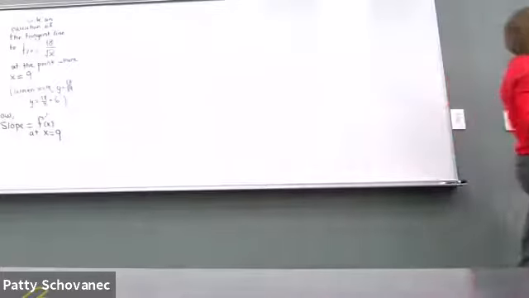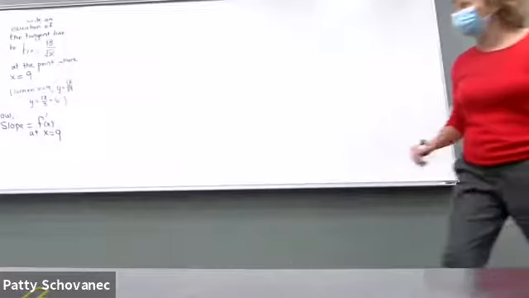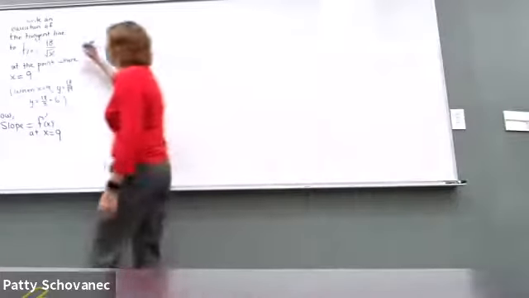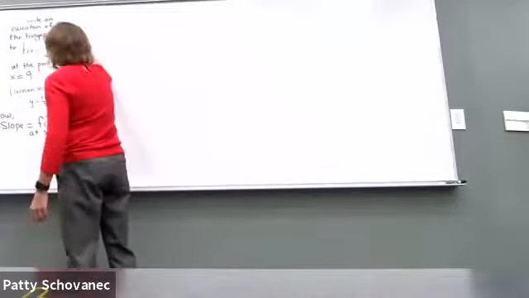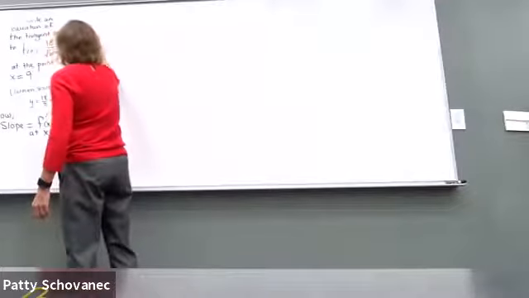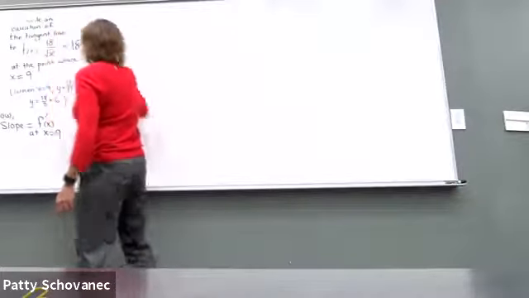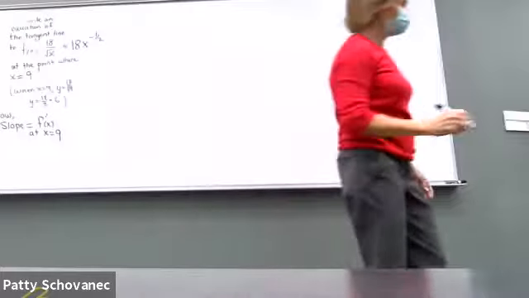The square root sign is what kind of power? 1/2. Move it upstairs, and it becomes 18 times x to the negative 1/2. Take the derivative and write the derivative with positive exponents.